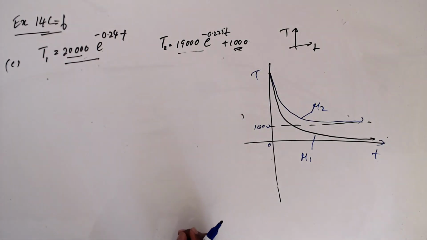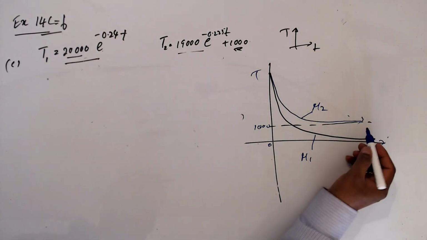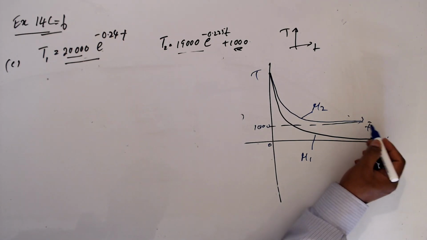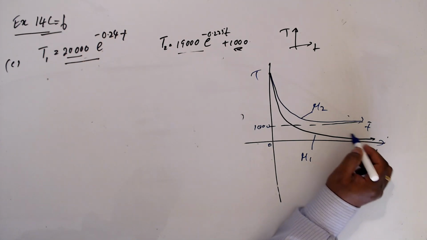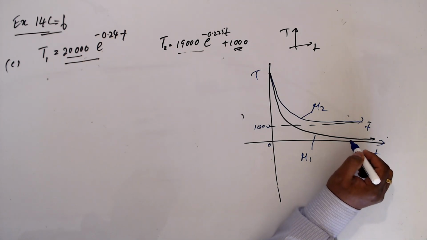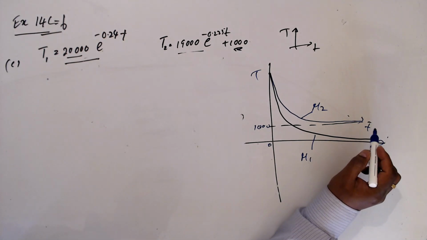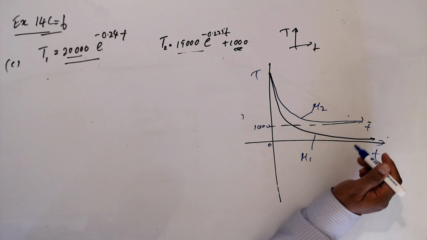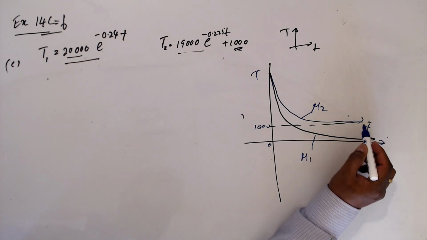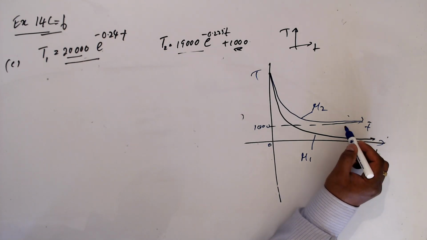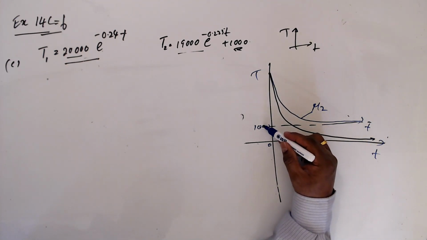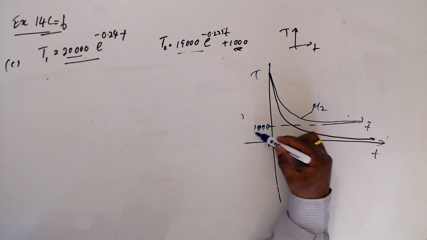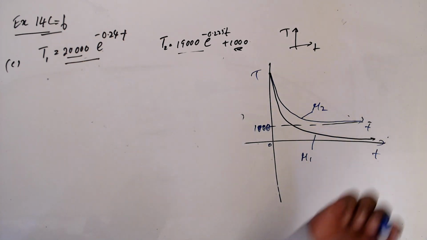When t goes to infinity, or let's say when the tractor has broken down or is no longer in operation, why does the tractor still have a value of £1,000?